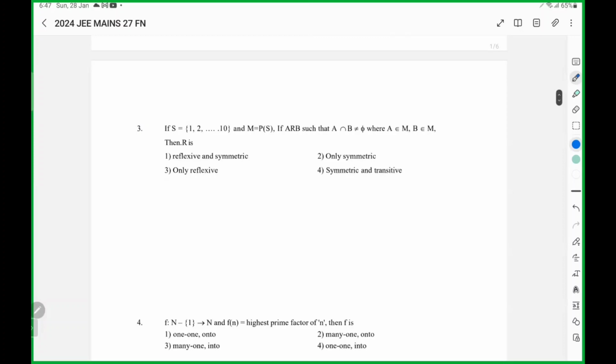Here first of all, P(S), what does it mean? Power set of S. The definition of power set is all subsets of S. If it contains 10 elements, 2^10 subsets are there.